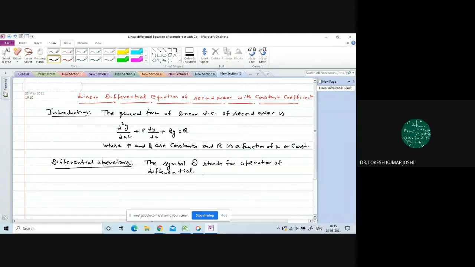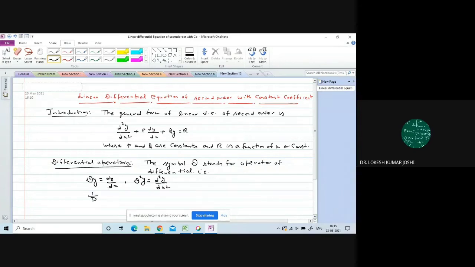That is, we can define Dy. If I write Dy, then this Dy equals dy/dx. Suppose I write D2y, then D2y stands for d2y/dx2 and so on. Okay, 1 upon D. Suppose 1 upon D is written somewhere.